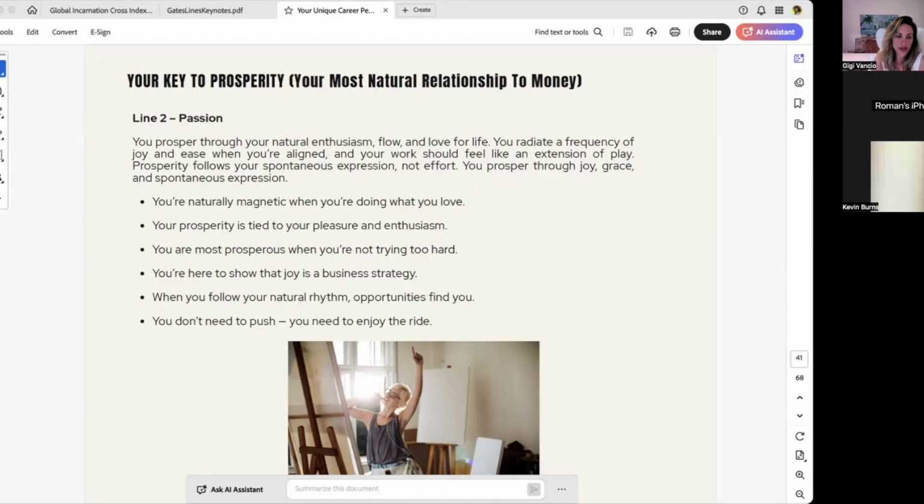So your prosperity comes from your natural ability to question assumptions, not to create confusion, but to unlock a deeper understanding and truth. And then it would be a passion frequency, meaning your gift is most magnetic when it feels effortless and creative and playful.